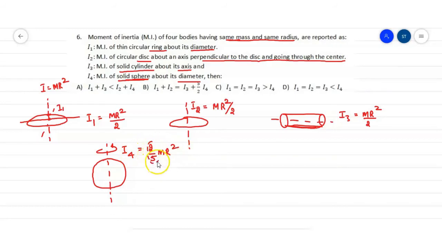So this is 0.4. And coming to this, it is 0.5, 0.5 and 0.5. So we can say that I1, I2 and I3 are equal to each other, 0.5 mr square, and this is 0.4 mr square. So this will be greater than I4. So if you cross check the options, option C will be the correct option to the given question.